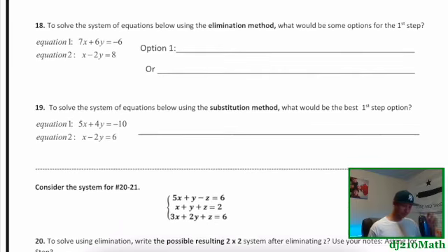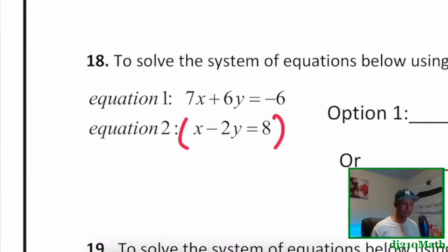To solve the system of equations below using the elimination method, what would be some options for the first step? All right, so one option. So again, what are you even looking for? I'm looking for the coefficients that are the same and have opposite signs, right?